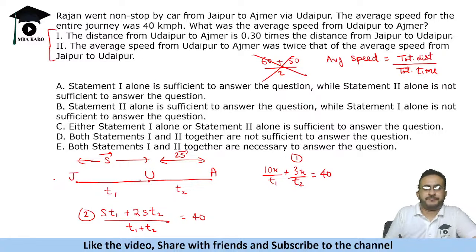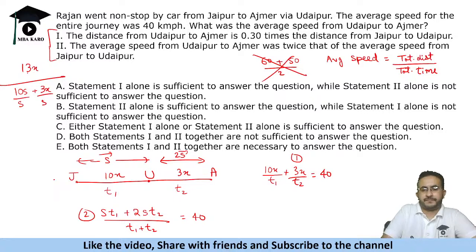When we combine, so we know that this is d, let's say this is 10x and this is 3x. ठीक, सो ये हमारा डिस्टेंस है, ये स्पीड है. सो टाइम कितना आ जाएगा? 10x upon s. ठीक है, this is t1 and t2 is 3x upon s and total distance कितना हो जाएगा? 13x, right?